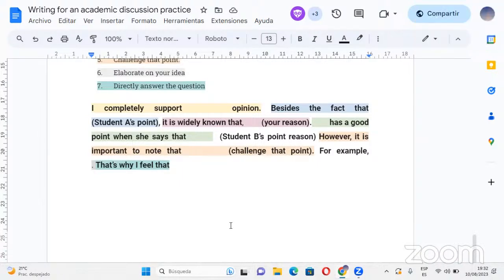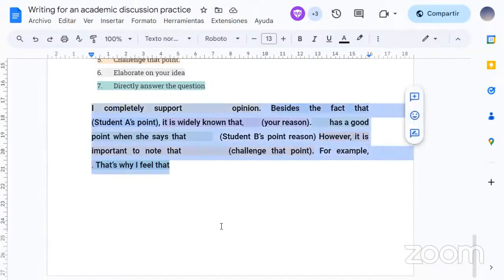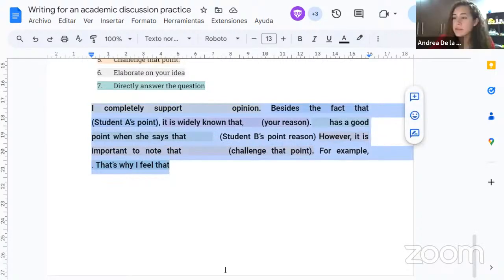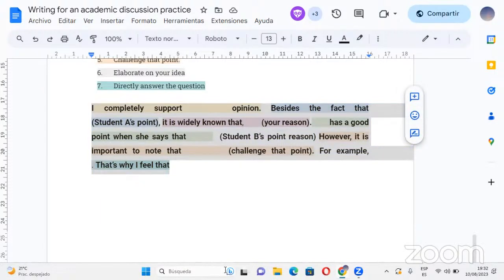Sorry, where do we have to send it? Just copy your response and paste it here in the Zoom chat and send it to the group chat. Ah, okay.